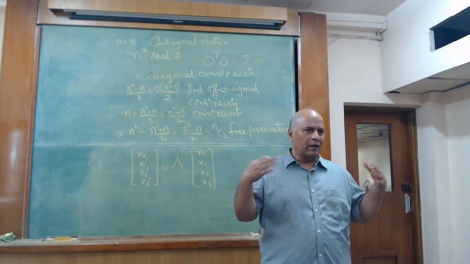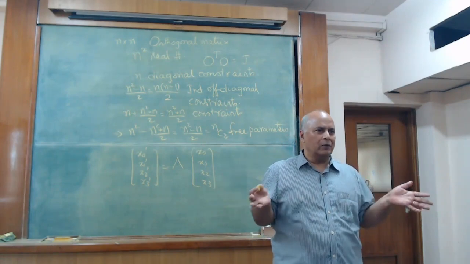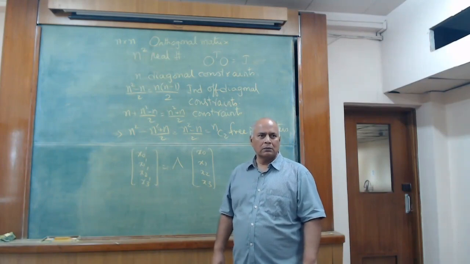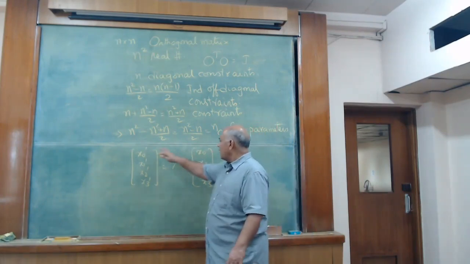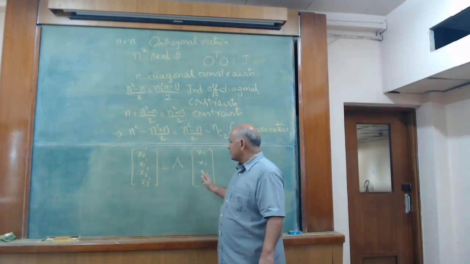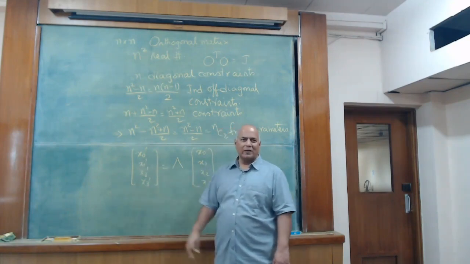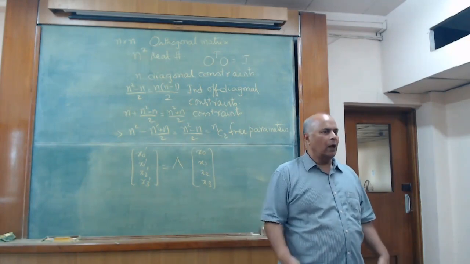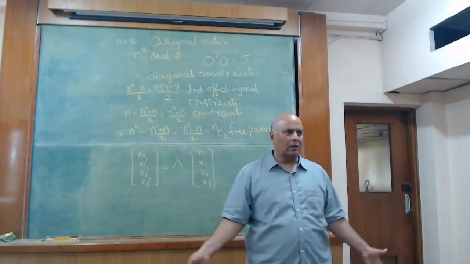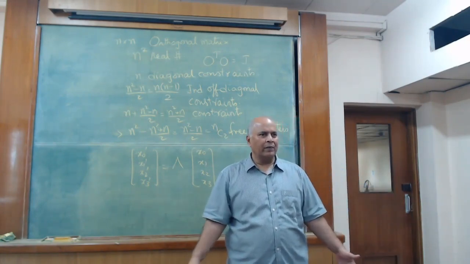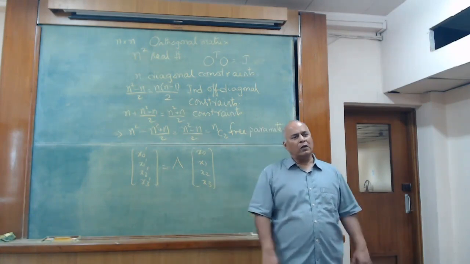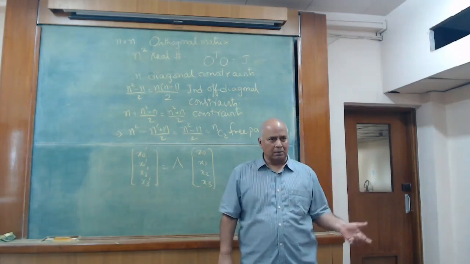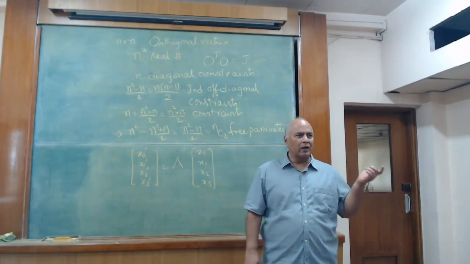What do we call the transformations which do not change the time coordinate? x0 prime is x0 and x1, x2, x3 go into x1 prime, x2 prime, x3 prime. Rotations. And we just discussed that there are 3 such things. And now consider the set of independent transformations which change the time. How many are there?